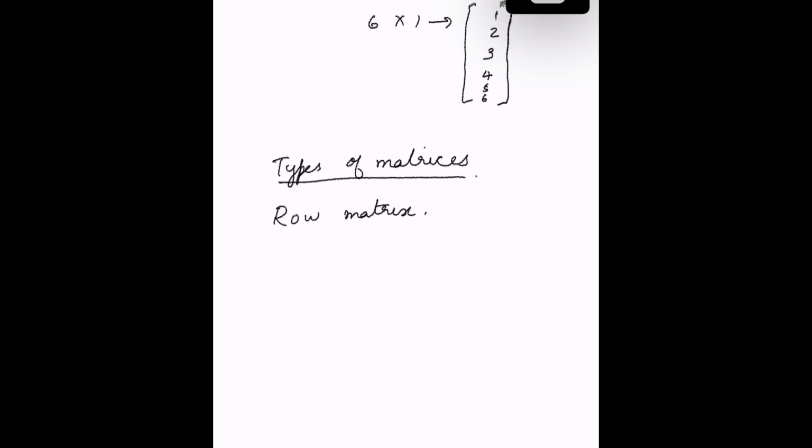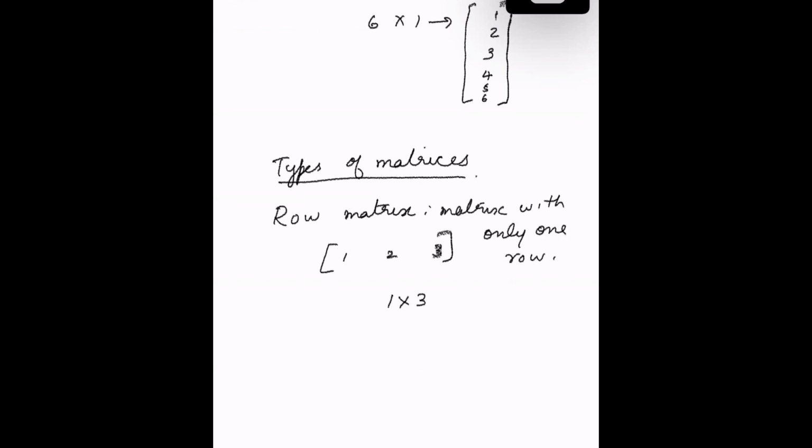If I give you an example, 1, 2, 3. This is a 1x3 matrix. How many rows are there? Only one row. So any matrix with only one row is called a row matrix.